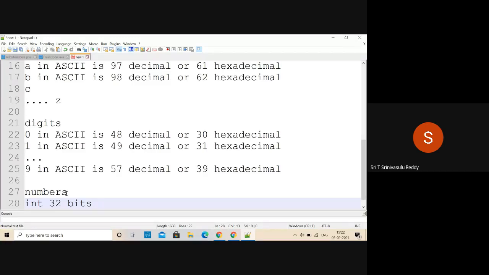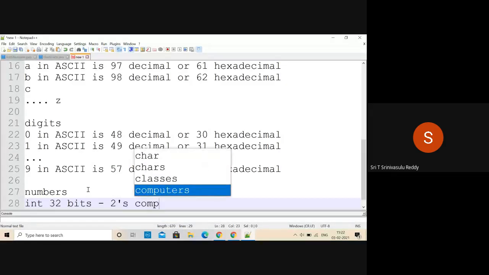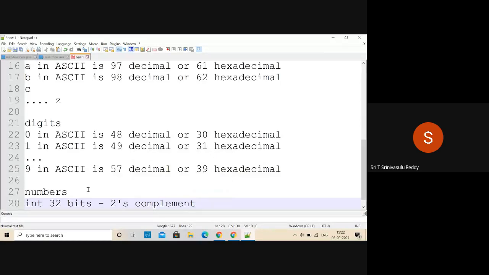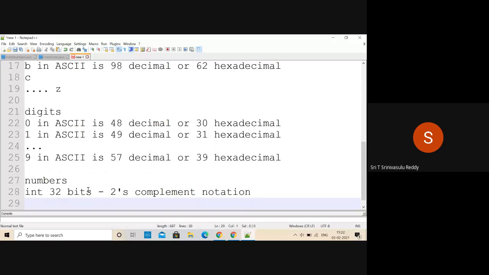And the notation that we use to store numbers is called two's complement notation. This is a very popular notation.